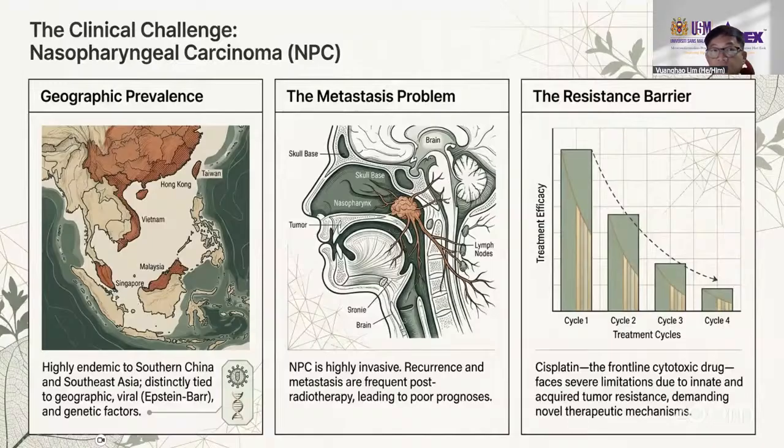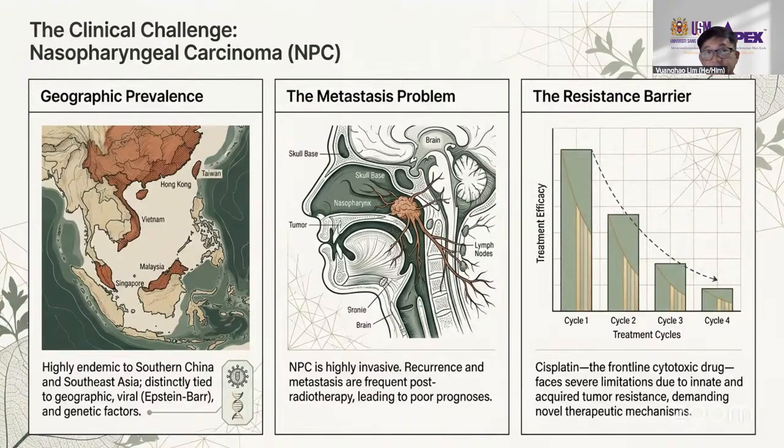I'm not sure, probably because of the food or the way of eating. In Malaysia, it is very prevalent in the Sarawak and also Sabah area. And of course, it is highly invasive. And now we use the cytotoxic drug cisplatin.